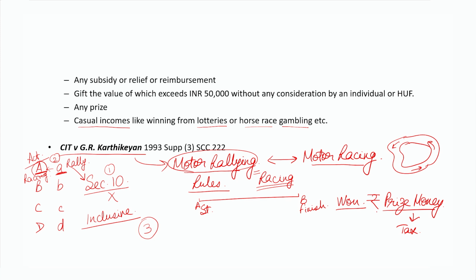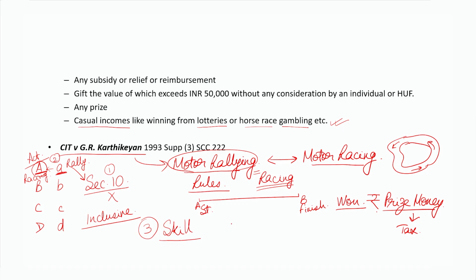So the court said that where there is a taxation of income which is casual in nature and where there is no skill involved, when we are going to tax those, then why not tax those incomes where there is some sort of skill involved?